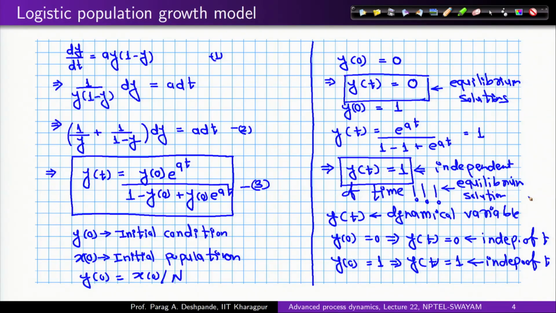So, we will continue this analysis in the next lecture and try to understand the physical meaning of these two equilibrium solutions that we obtained, and then we would try to know the intermediate dynamics of the system. Till then, thank you.